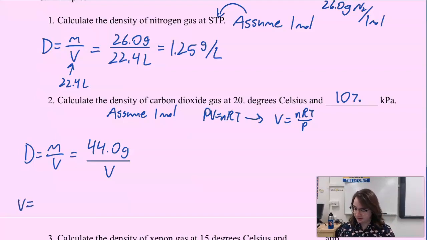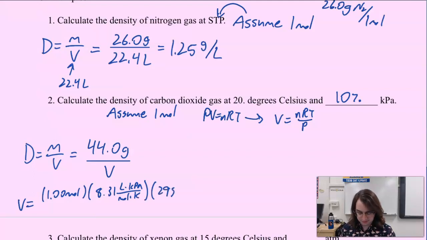If we solve for the ideal gas law, we would plug in 1 mole on the top. We would plug in the R constant. You're welcome to, again, what is that, liters times, that's kPa. You're welcome to convert into atmospheres if you want. I'm just going to use the value for kPa, makes it easier.